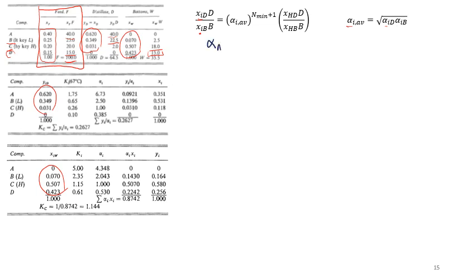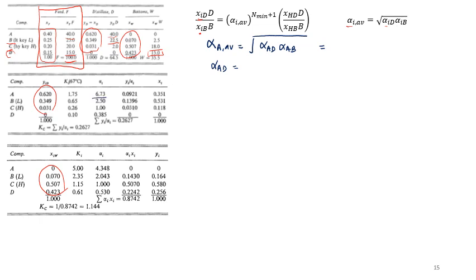So alpha A average equals the geometric mean of alpha A in the top and alpha A in the bottom. To get the value of alpha A in the distillate, you can read the second table here.